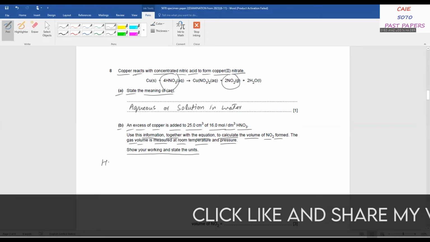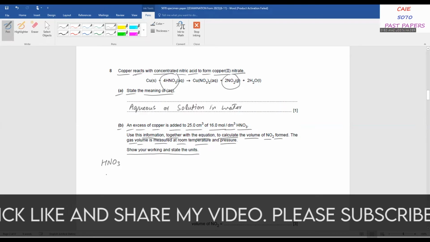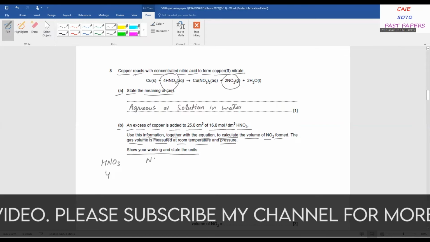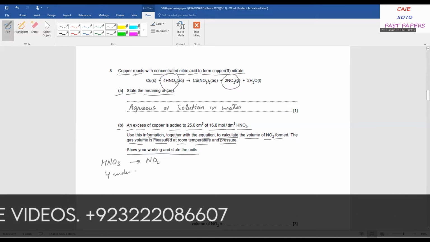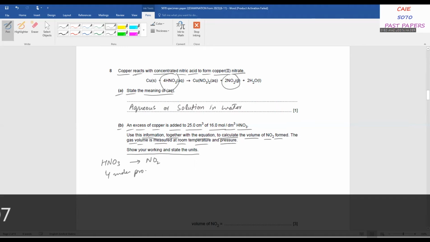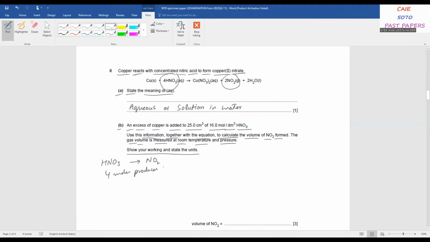So I'll write here HNO3, 4 moles produces 2 moles. So first of all, we'll calculate the moles of acid, that is nitric acid. According to the information, 1000 centimeter cube contains 16 moles.